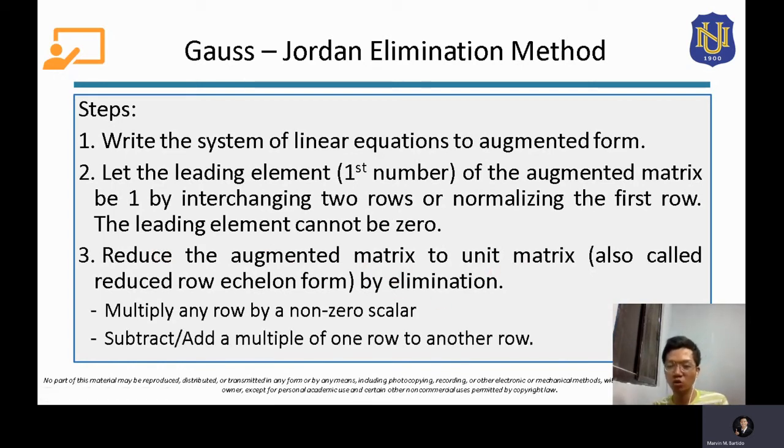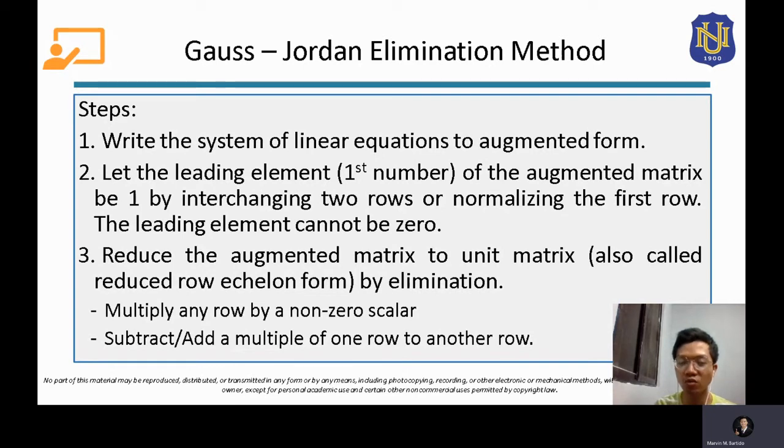Just like what we do in Gaussian elimination, we multiply the row that we normalized by the coefficient of the rows that we want to cancel, to cancel that element. And we analyze whether we are going to subtract or add those rows.